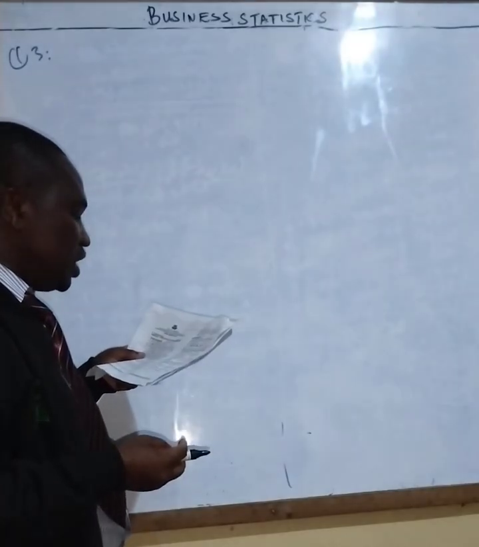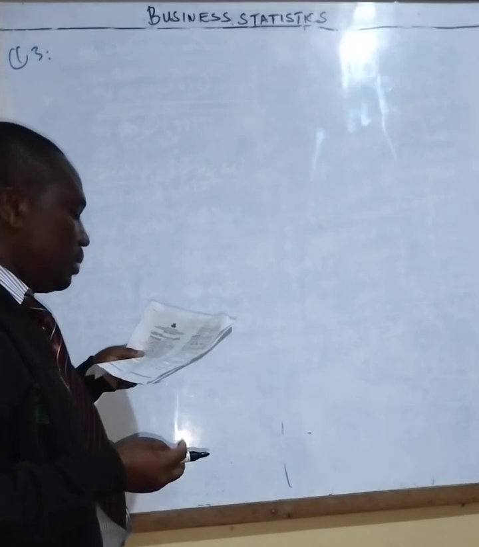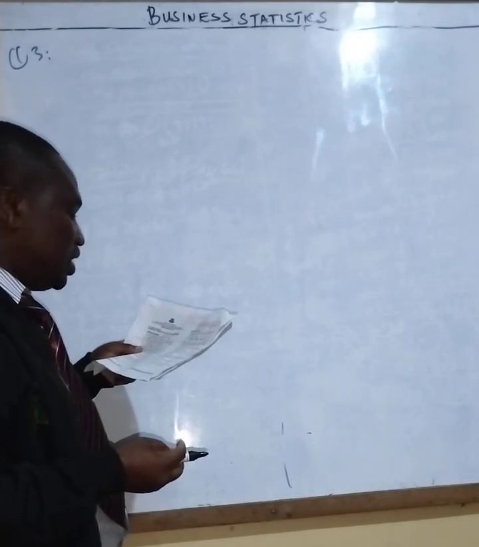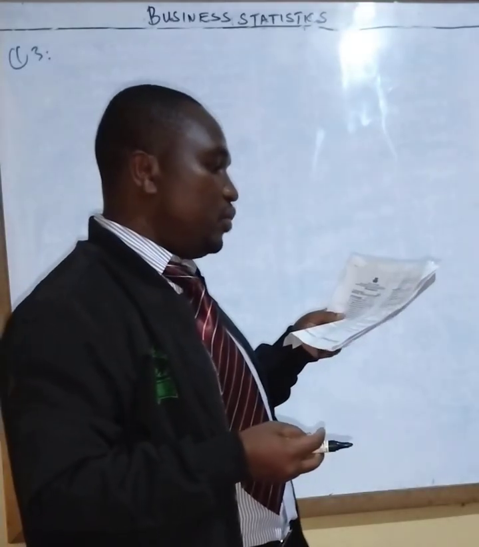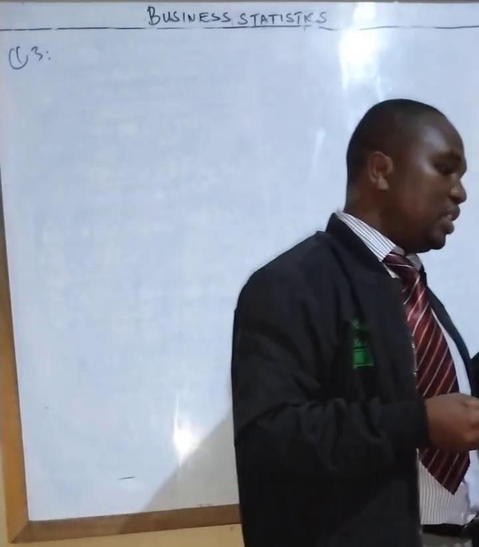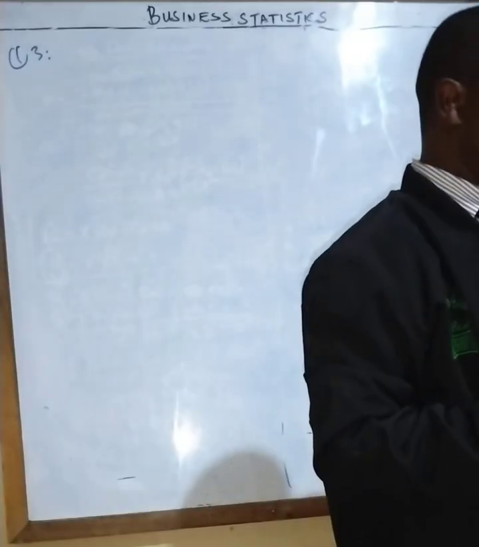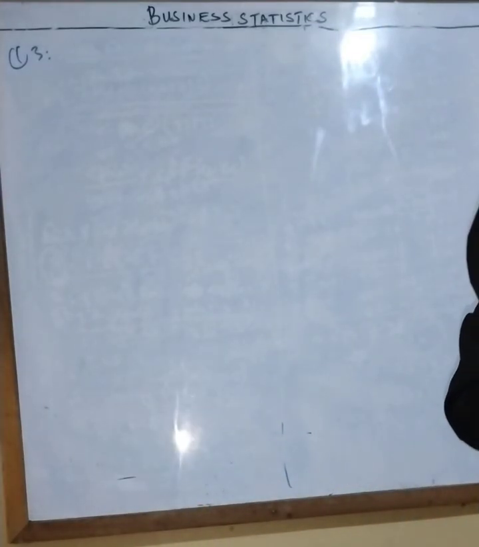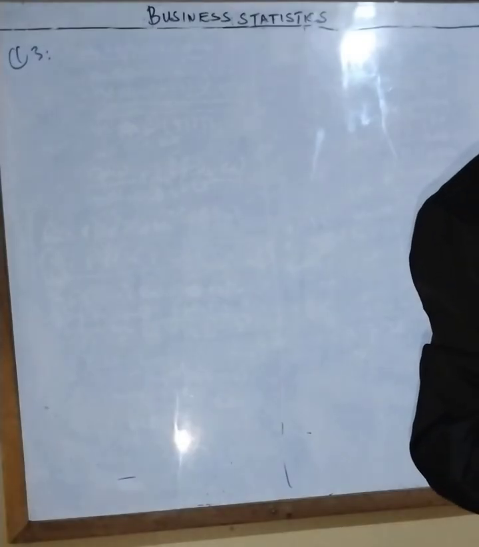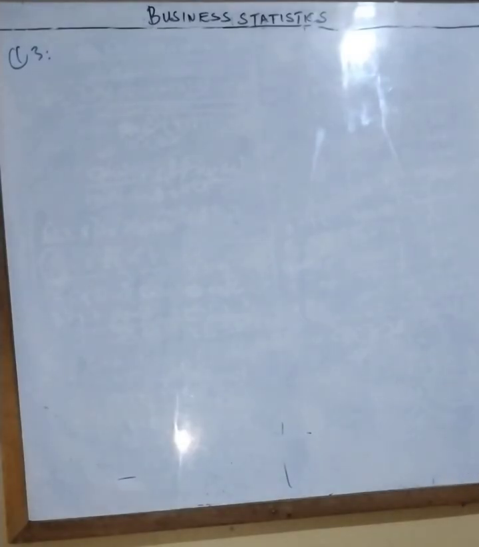A breakdown of the responses is shown in the table below. So we have the table there, responses for, and some against. Then for the responses, we have lower level, middle level, top level, and the total. The question is now, is there sufficient evidence at the 5% significance level to conclude that the response differs among the three groups of employees?